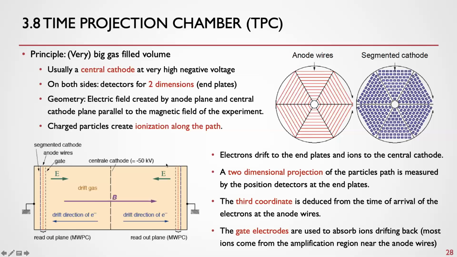So the third coordinate is thus deduced from the time of the arrival of the electrons on the anode wires.